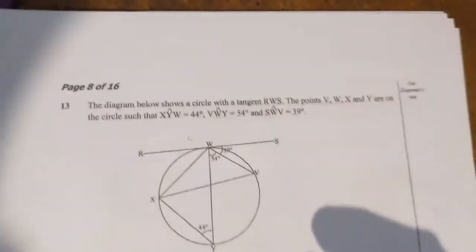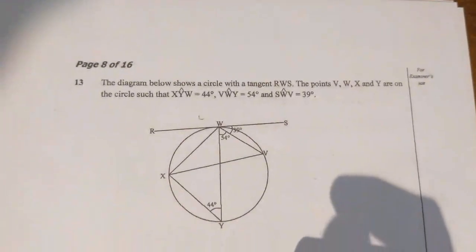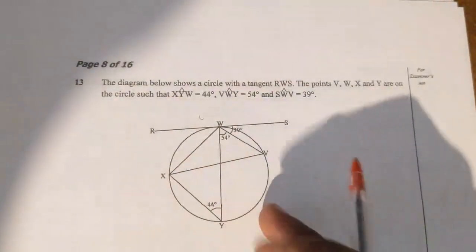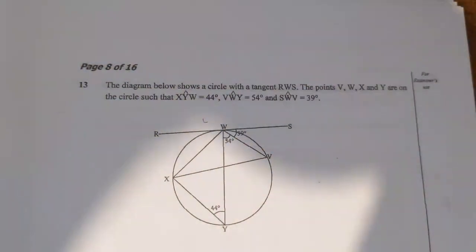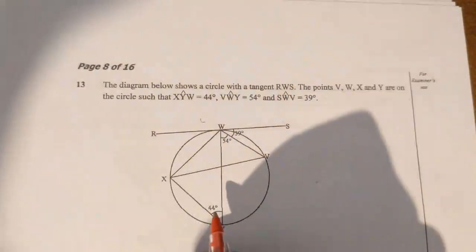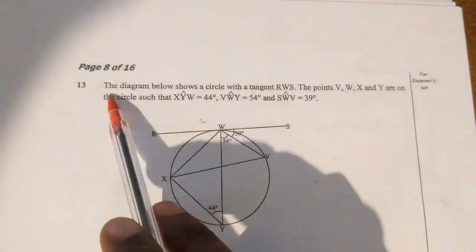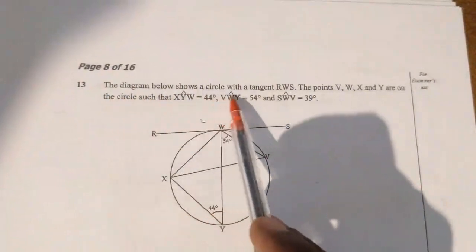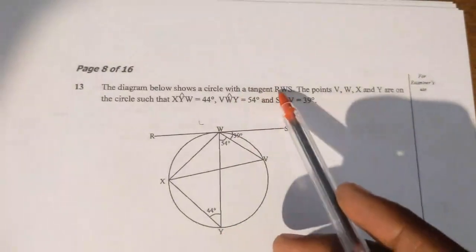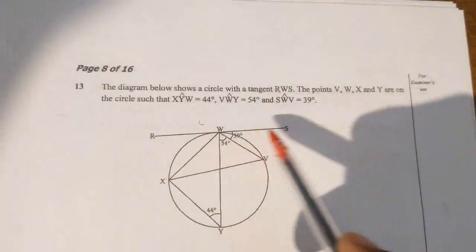okay, so we are on question 13, under Pythagoras theorem. Okay, so here the question is saying that the diagram shows a circle with tangent, this is the tangent RWS.